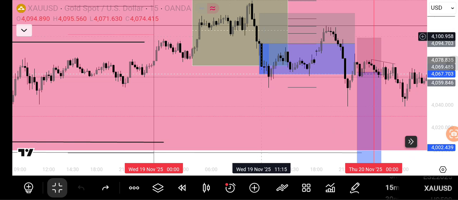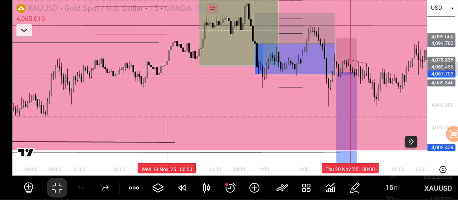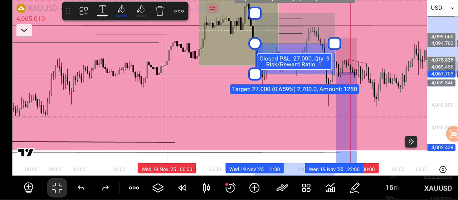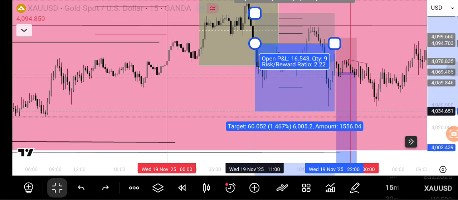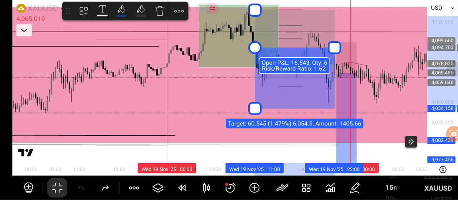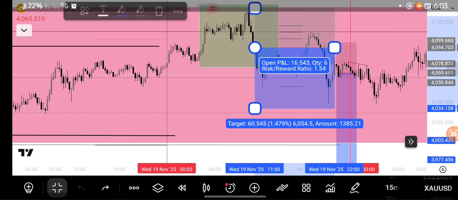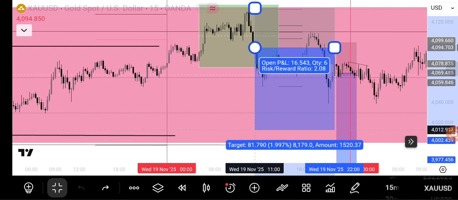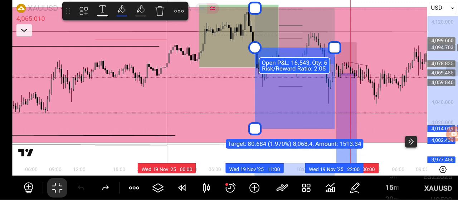We didn't really trade into that 15 minutes fair value gap, but what I tend to do is, immediately that fair value gap confirms, I jump in, and then let's see, 1 to 2 with my stops above those highs, assuming we had taken that.